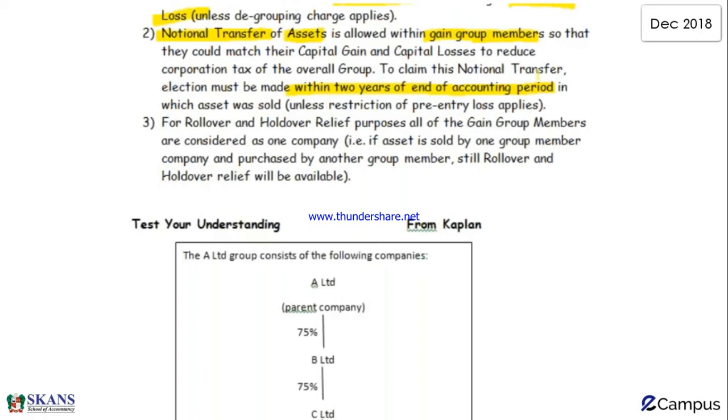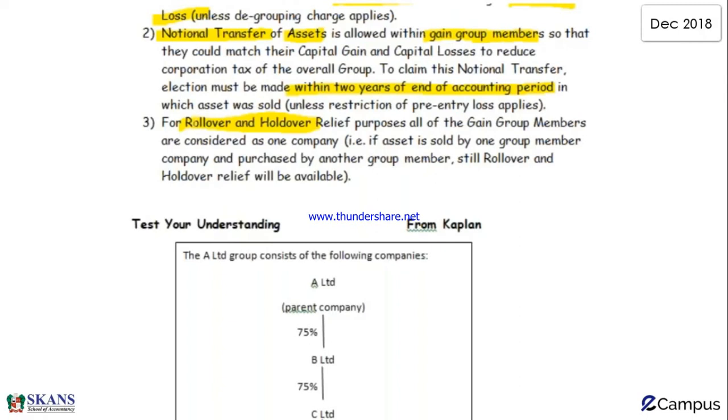So that's why gains and losses should be matched, and overall corporation tax of the group may be reduced.